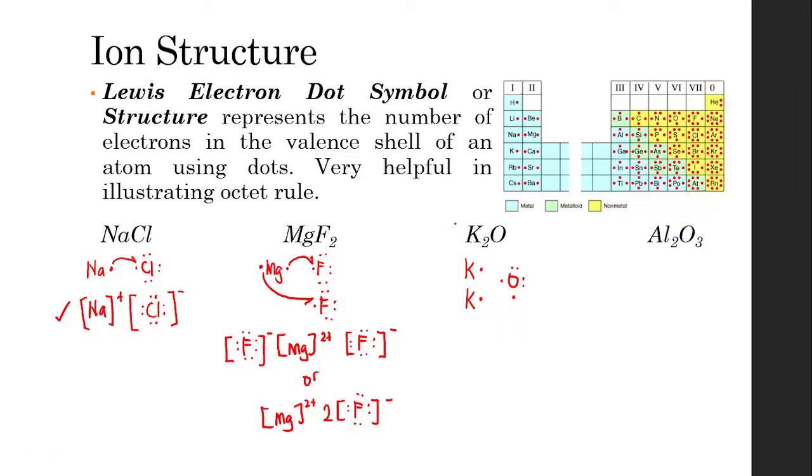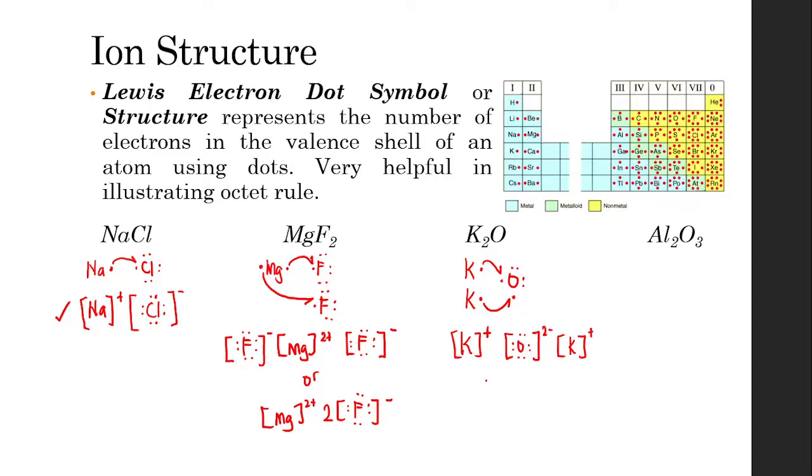And our potassium is our metal, so it donates electrons, which gives us K plus, and will have an oxygen with 8 electrons, 2 minus, and another K plus.